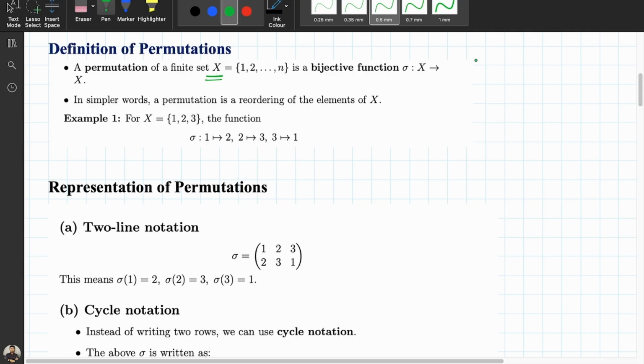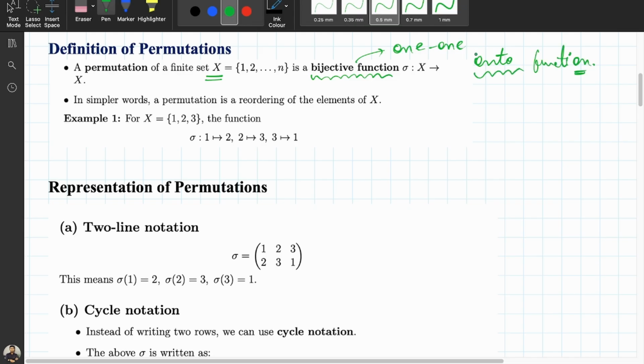So how is this set formed? This set is formed using some bijection. What is the meaning of a bijective function? It means this function is one-one as well as onto. So this mapping is a bijective function.